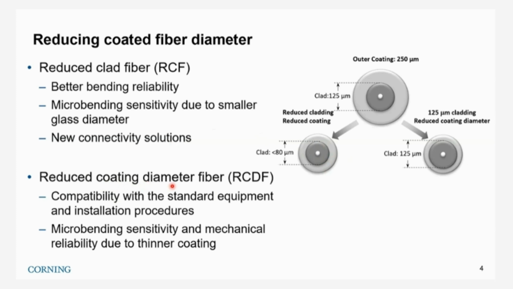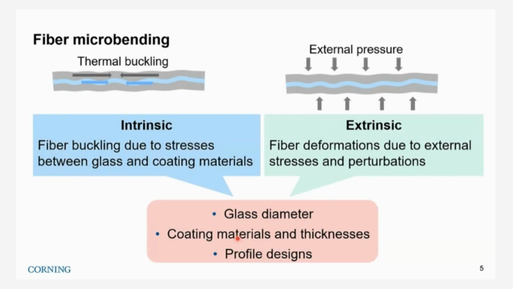For the second approach, we keep the cladding diameter the same, only reduce the coating diameter. So the nice thing about this approach is it's compatible with the standard equipment and the installation procedure. However, the microbending sensitivity and the mechanical reliability could be new challenges because the coating is thinner.